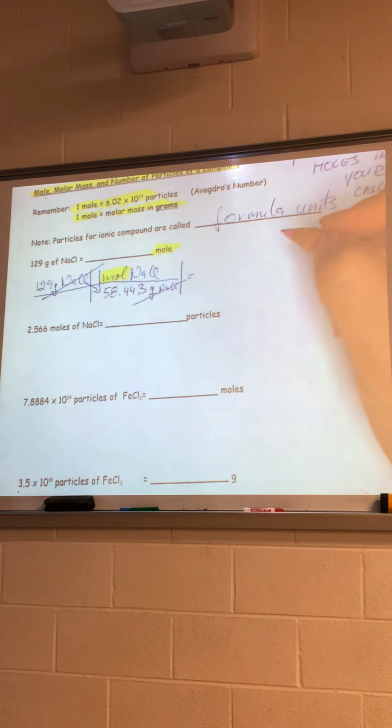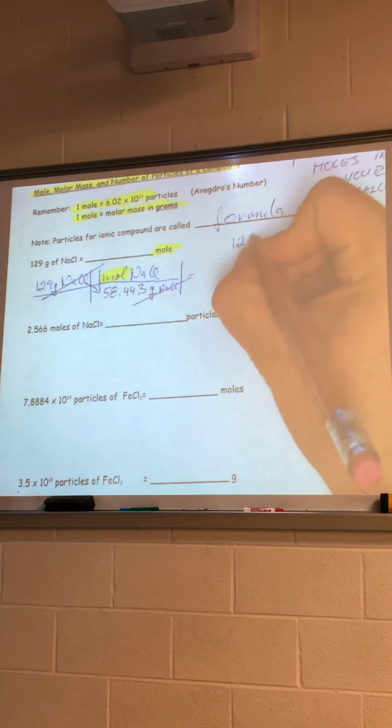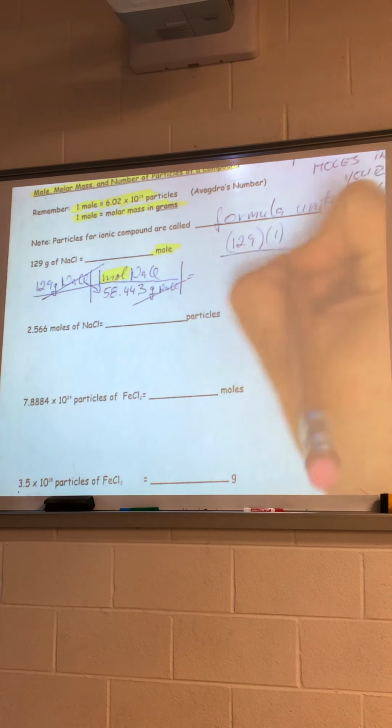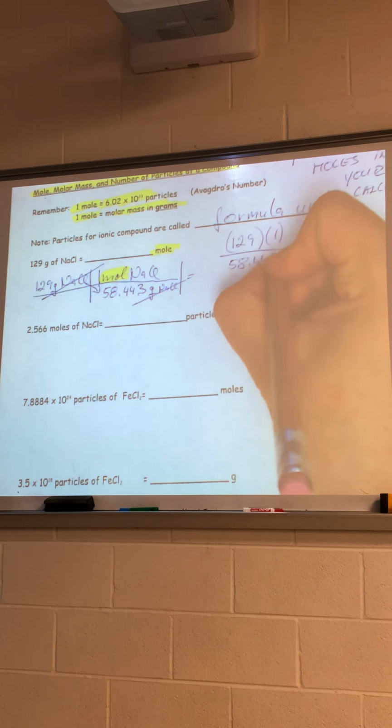The next step is you show me what it looks like on your calculator. That would be 129 times 1 divided by 58.443.